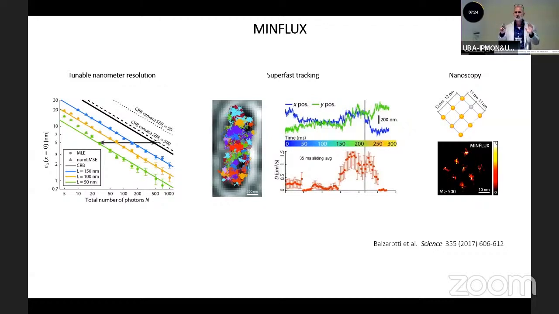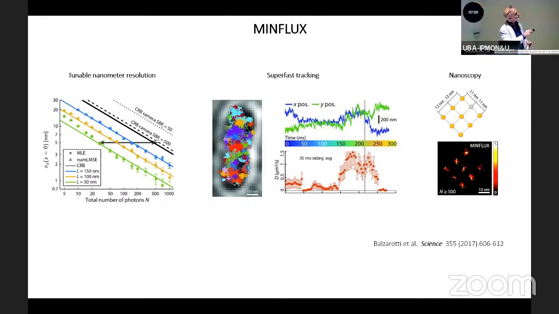So we collected just 9 fluorescence photons, and we got the position with 50 nanometer error. And that allowed us to obtain a diffusion coefficient at video rate. So this trace that you see here is not a position trace, it's a diffusion coefficient trace. So at 35 milliseconds, each point here is computed from about 80 to 100 positions.